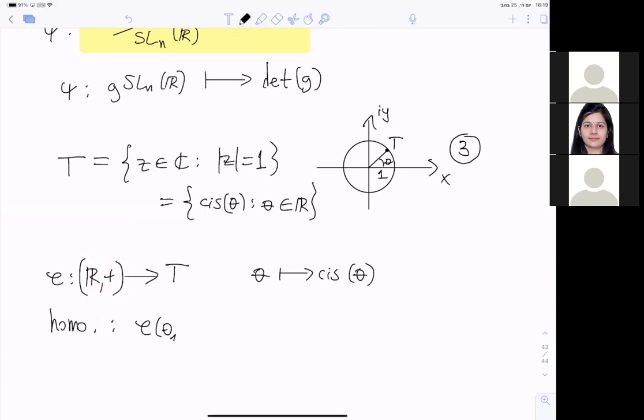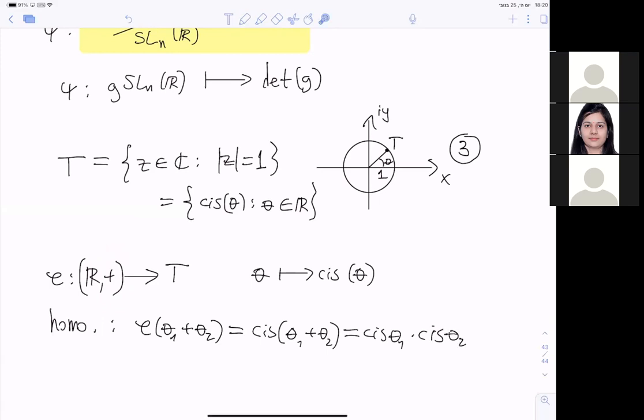Of course, phi of theta 1 plus theta 2 is by definition cis of theta 1 plus theta 2, and we know it is equal to cis theta 1 multiplied with cis theta 2.